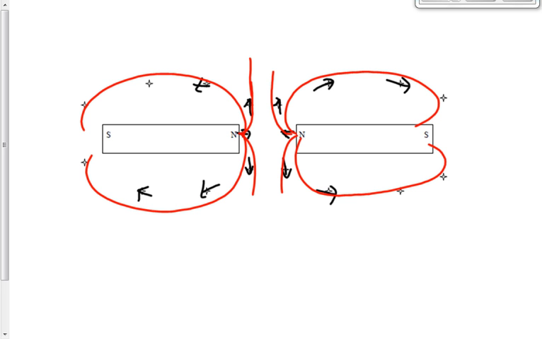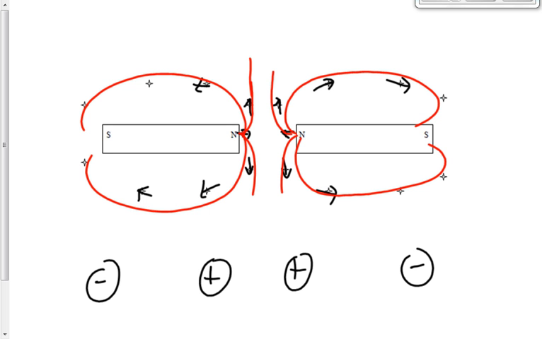Recognize that? Now, if we draw 4 charges again, a positive and a negative, and a positive, and then we got another positive and then another negative, and we draw the field lines in between the positives and the negatives, it's going to look like this.